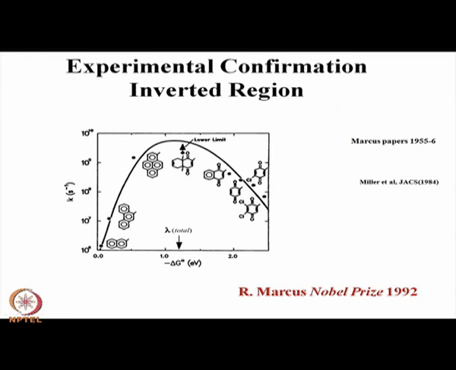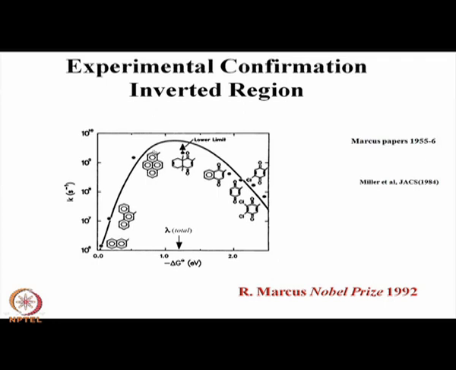So, for experimental confirmation, if we plot with naphthalene, and you keep increasing the spacer, as I told you it is polyaromatic, there are two benzene rings, three benzene rings, four benzene rings.